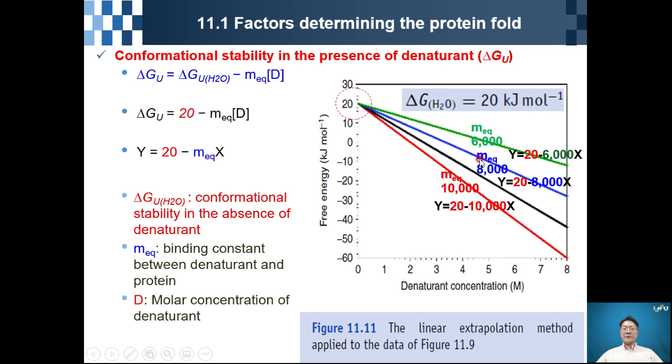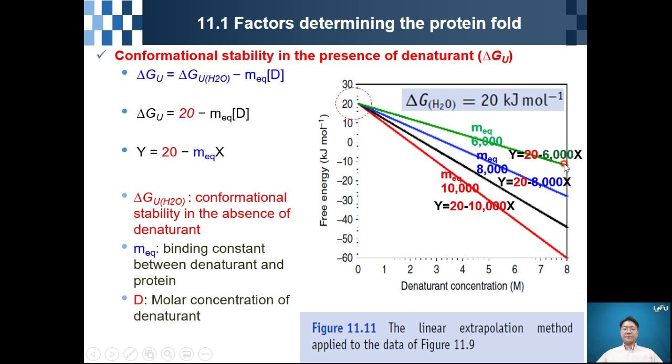How about when the MEQ was 8,000? The conformational stability decreases not very quickly, it's like this. How about when the MEQ was 6,000? It means that the binding capacity of the denaturant to protein is very low, so the conformational stability decreases very slowly.